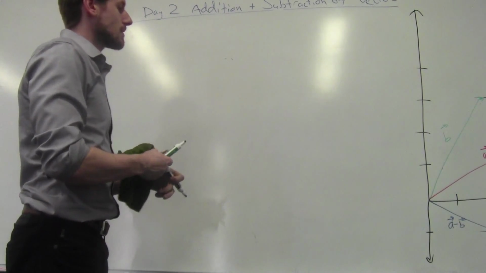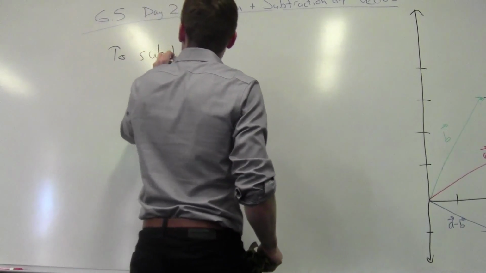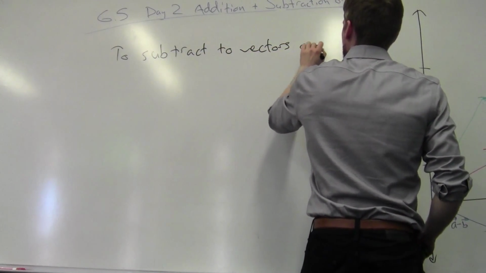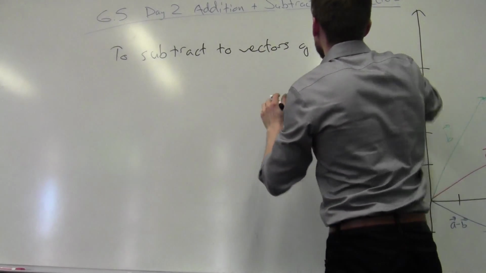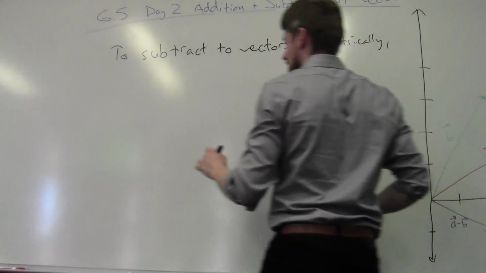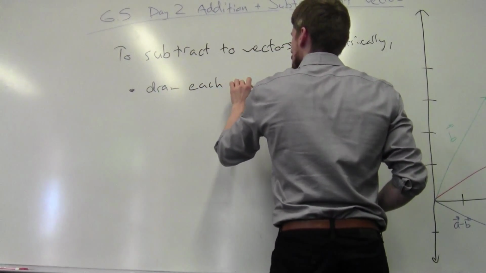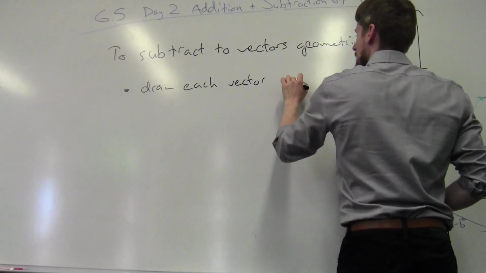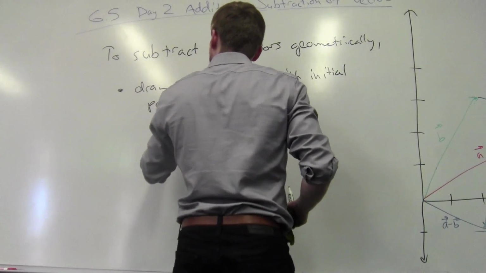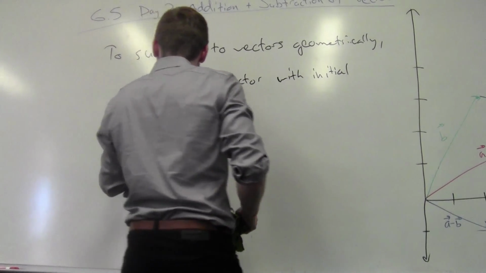So in order to subtract two vectors graphically, or geometrically, I'll just write the steps down. Draw each vector with initial point 0, 0.